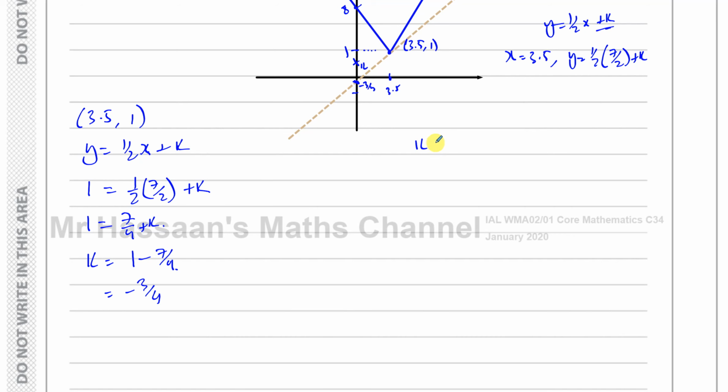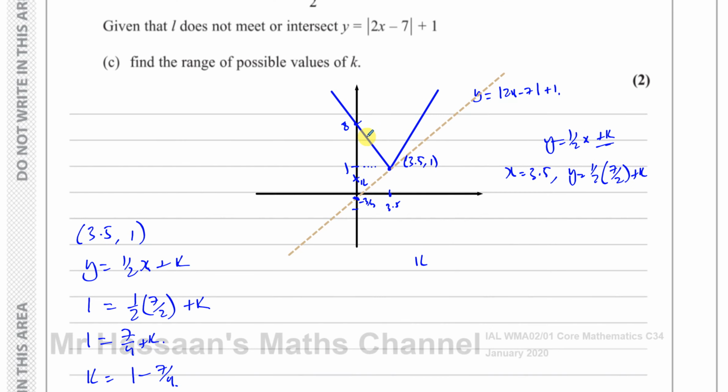If k is more than minus 3/4, then it's going to intersect the curve, the modulus function. But if k is less than negative 3/4, if the y-intercept is below negative 3/4, you can see that this line will not intersect with this curve.